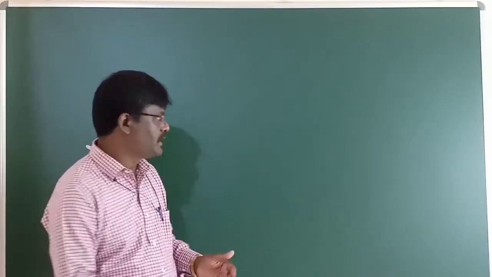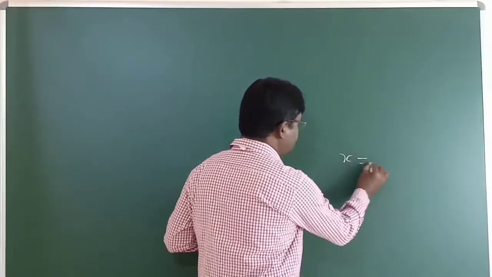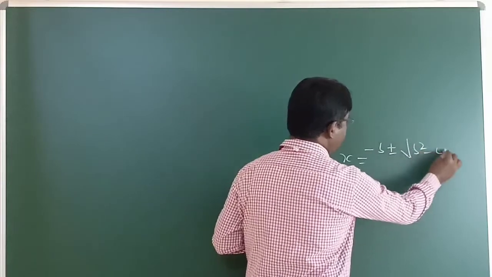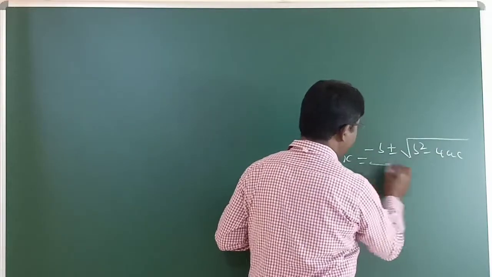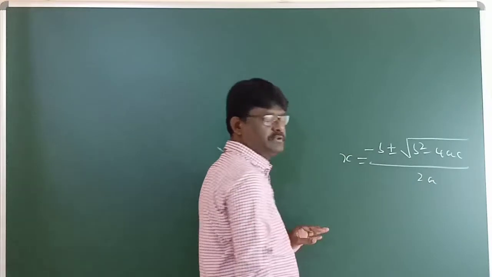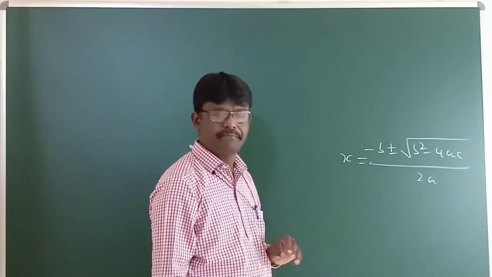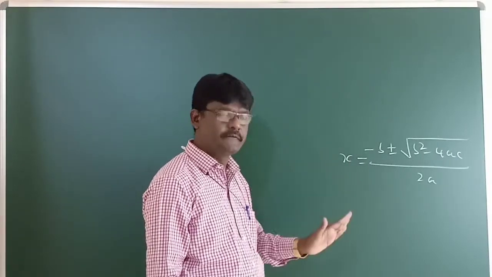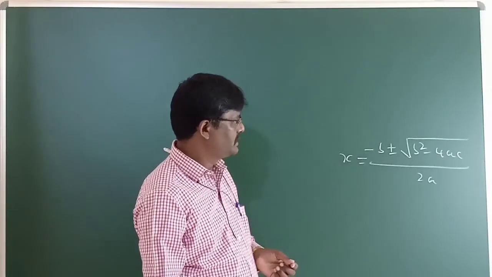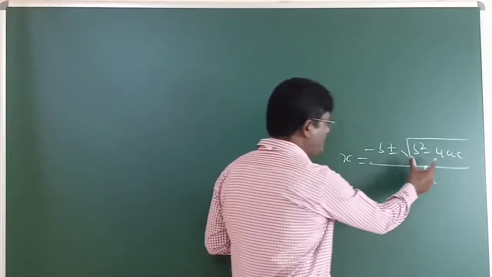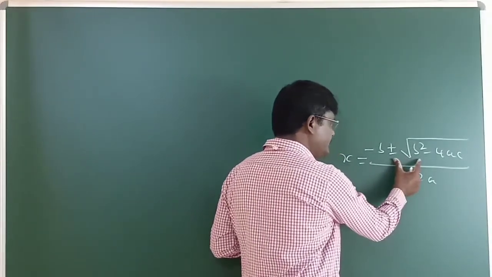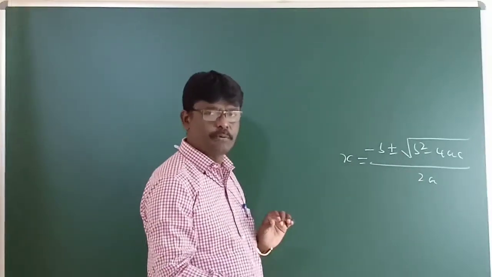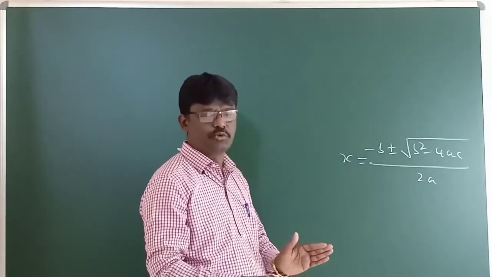By the quadratic formula, we know x equals minus b plus or minus square root of b square minus 4ac divided by 2a. These are the two roots of a quadratic equation ax square plus bx plus c equal to 0. Just observe, children. Here we find one important thing. These are the roots of the equation. But what is our topic? We have to find the nature of the roots.